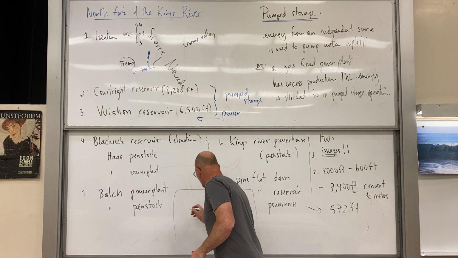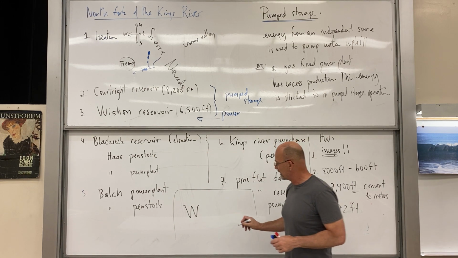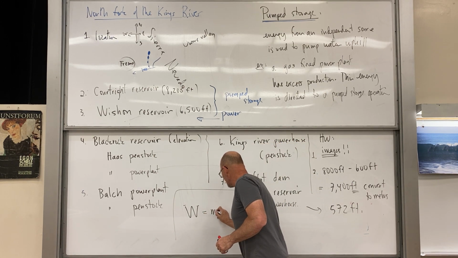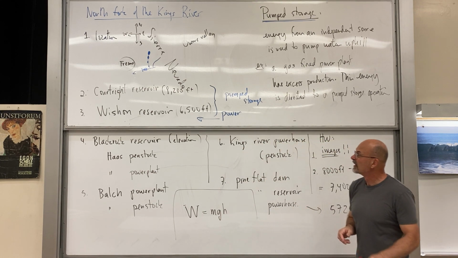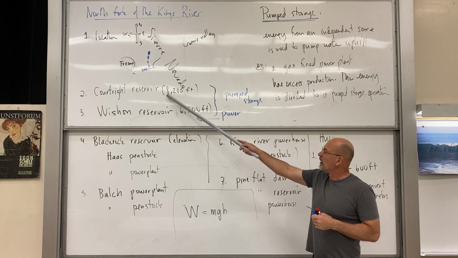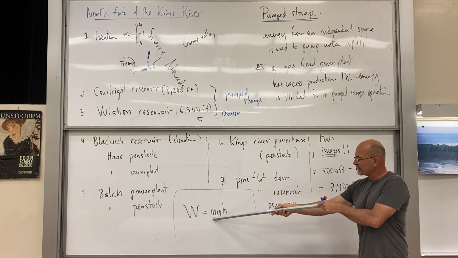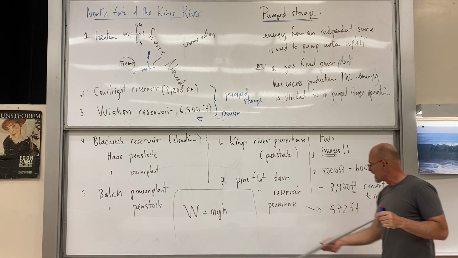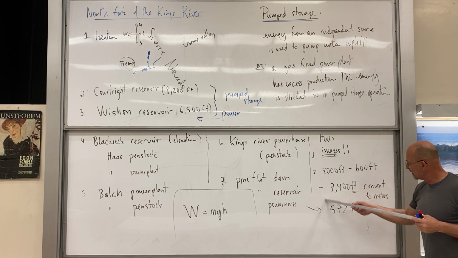Okay, that conversion to meters is what we can use, just to remind ourselves, how much potential energy does that water really have? So a cubic meter of water up there in Courtright Reservoir, which gets the whole thing started, would have its mass times G times an H of this, converted to meters.